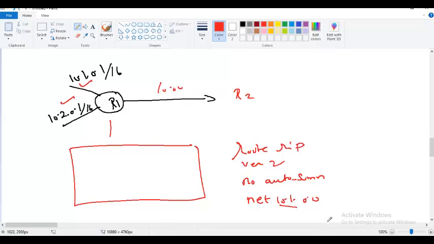Say, for example, I'm going to take 100.1.1.1 on the loopback 0 interface, 100.2.2.2 on loopback 1, and 100.3.3.3 on loopback 2. And then with EIGRP, I want to advertise only two of these.